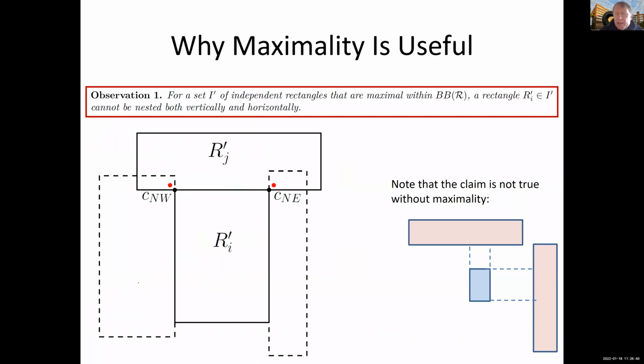Now, why maximality is important. If you have maximal rectangles, then this rectangle cannot be nested above and also nested horizontally. So it's either going to be nested vertically or horizontally, but not both. If they were not maximal, then that wouldn't necessarily hold, that this rectangle is nested vertically and horizontally.